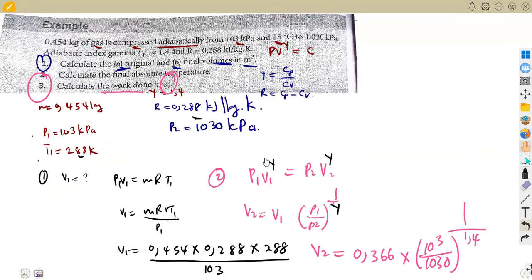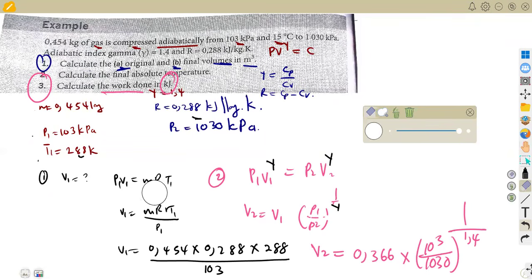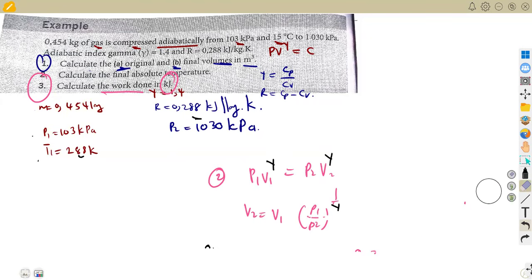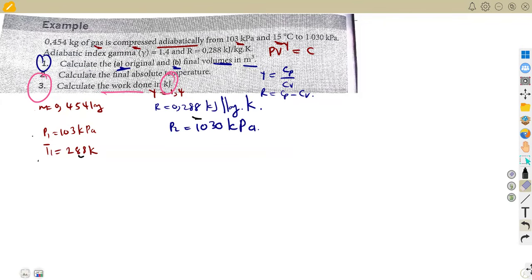Yes, the final absolute temperature. Just remember the values that we calculated, because I'm going to remove them, in case we might need them. So here they want us to calculate T2 first, the final absolute temperature.